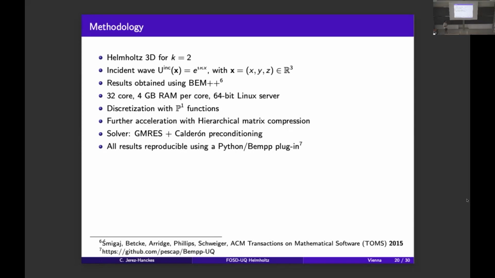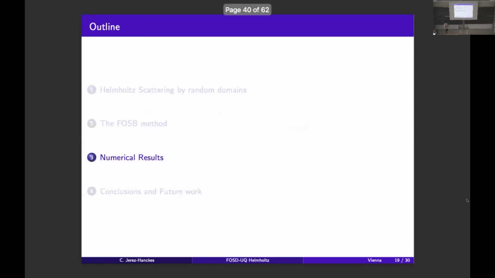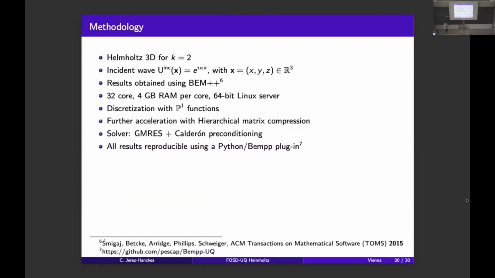P1 functions or P0 functions, depending on the case. And we use hierarchical matrix compression. There is a discussion that, in this version of the slides, I skipped. I apologize for that, but the issue of preconditioning shows up, and I'll mention this later on.